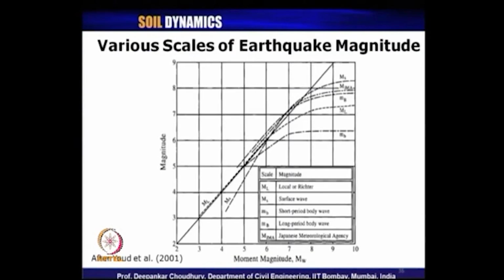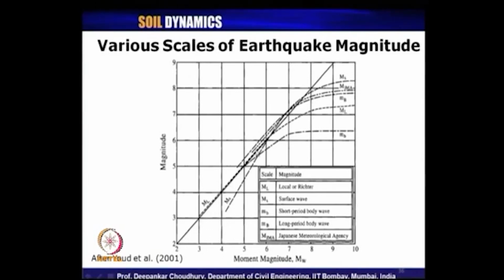Now, as we have talked about the moment magnitude scale of earthquake, let us see if you have been given some other scale of earthquake magnitude, how to convert it to the moment magnitude scale. This is the relationship given between various earthquake magnitudes versus the moment magnitude MW.